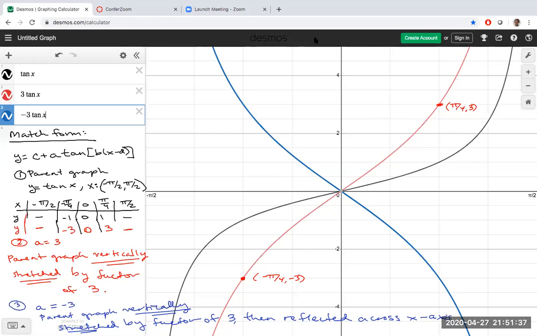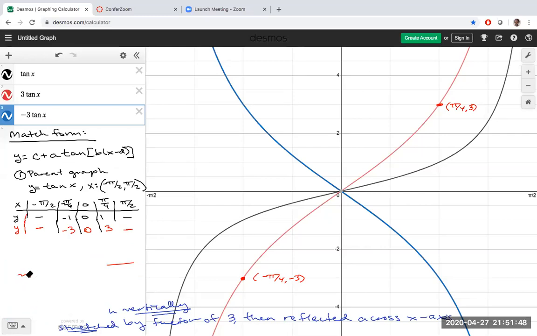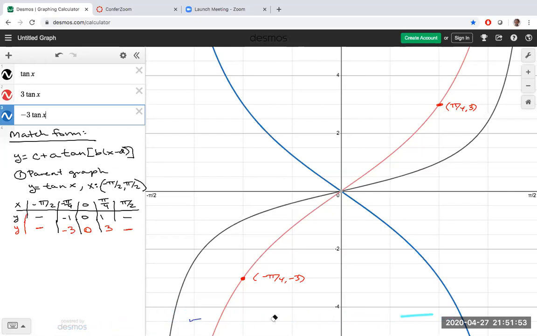Now let me go ahead and clear a bunch of junk here. Okay, now the next graph that I want to go over, we already saw what A does to your graph.